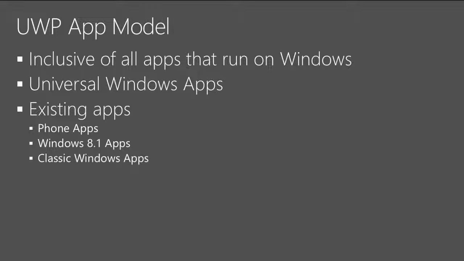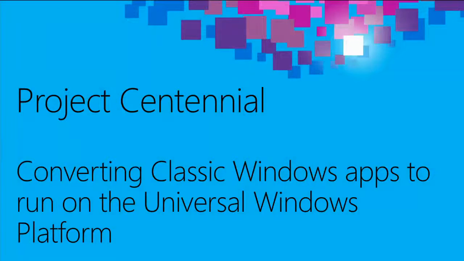So we have to have an application model there as well. We call this internally Project Centennial, or Project C. And what we try to do with that technology is help you move those existing classic Windows apps to the Universal Windows platform.